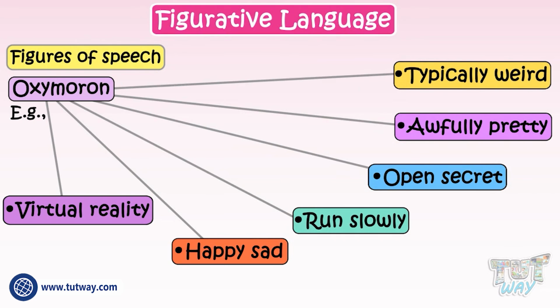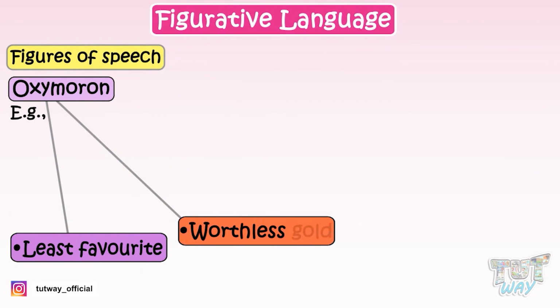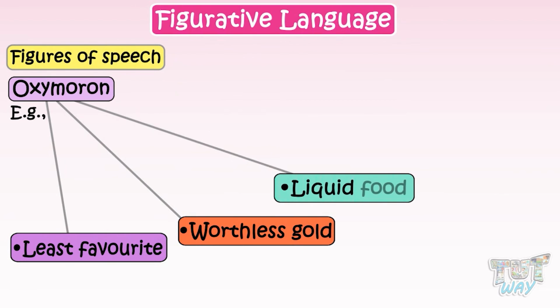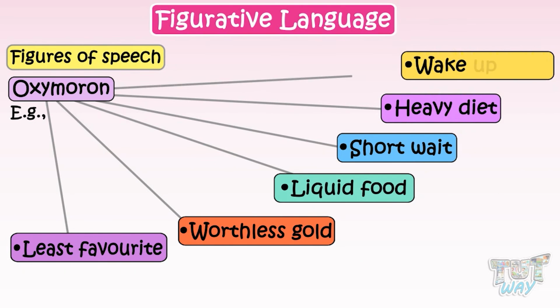Typically weird. Least favorite. Worthless gold. Liquid food. Short wait. Heavy diet. Wake up dead. So these are pairs of opposites that are used together to create a drama for reader.